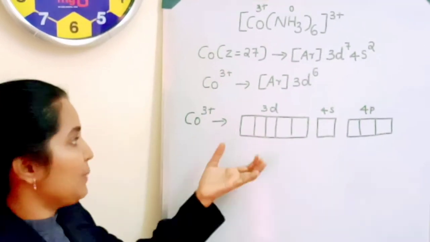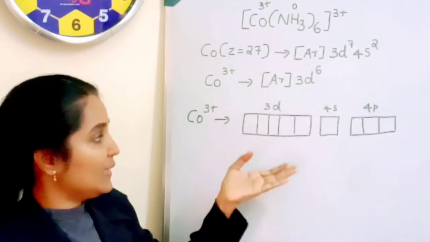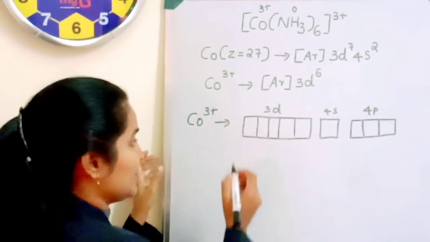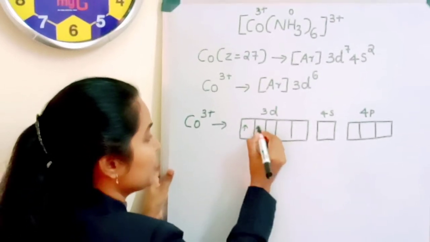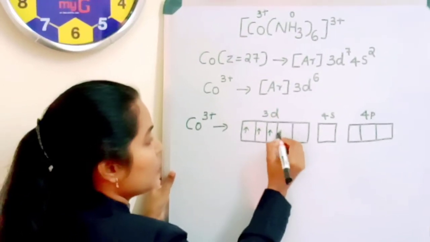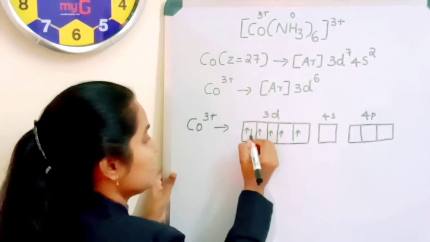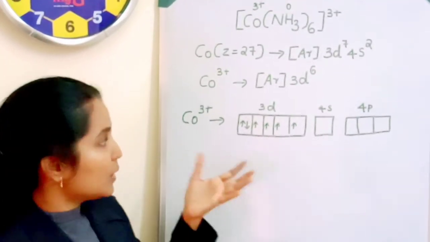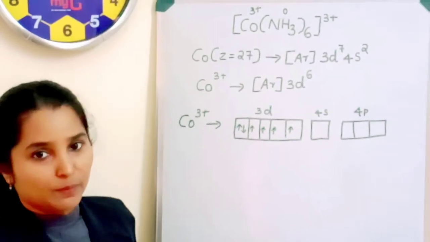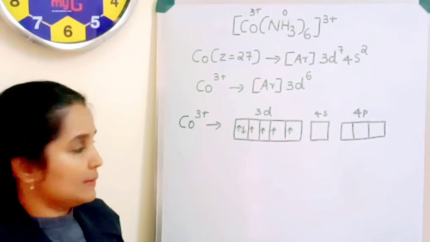The electrons will be arranged in the 3d orbitals according to Hund's rule of maximum multiplicity. 6 electrons are there: 1, 2, 3, 4, 5 and 6. These are the 6 electrons in the outermost 3d orbitals of Co3+ ion.